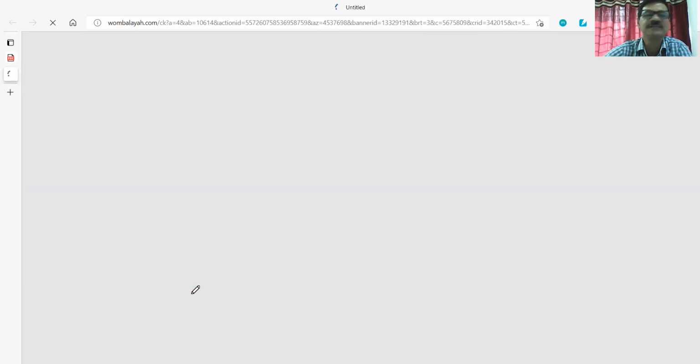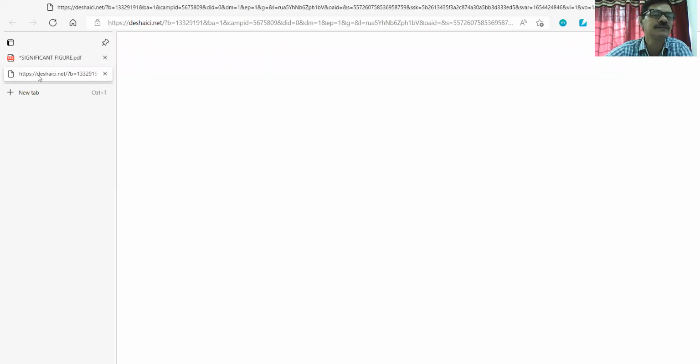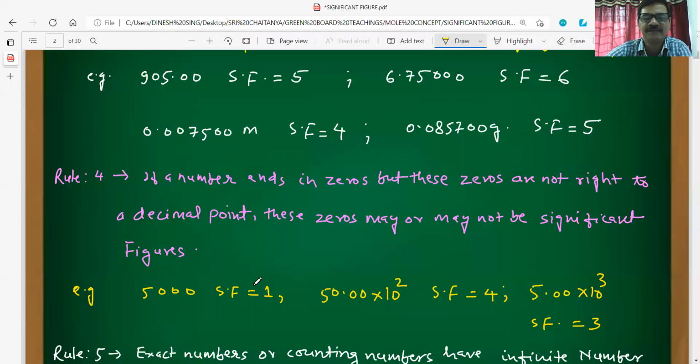So regarding this, the significant figures value will be 1. This 50.00 into 10 power 2 is given. And also these zeros may or may not be significant figures. They can be considered as significant figures if we are expressing this number in this form.